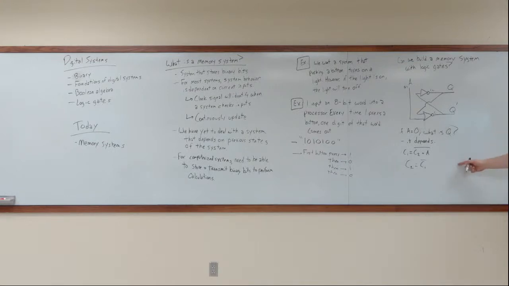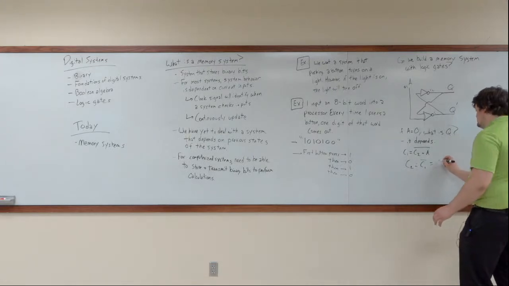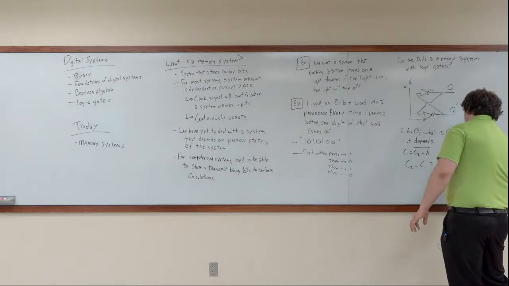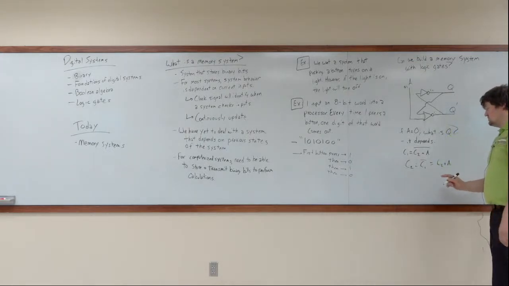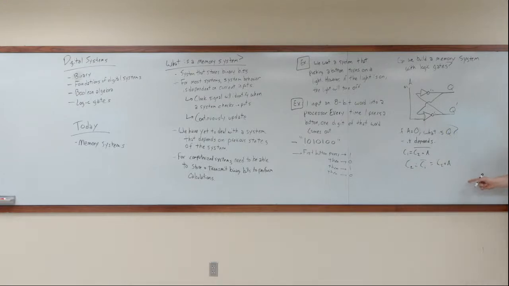Okay, so if we try to combine these in any way, like here, C2 is equal to C1 naught, which means it's equal to C2 plus A. So C2 is now equal to itself plus A. You can't actually simplify that.